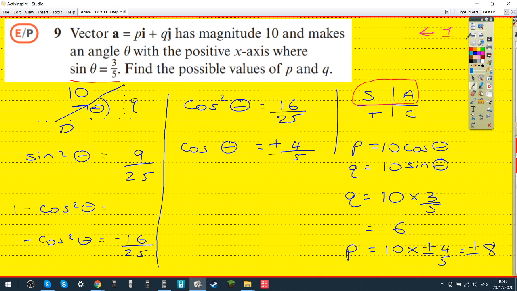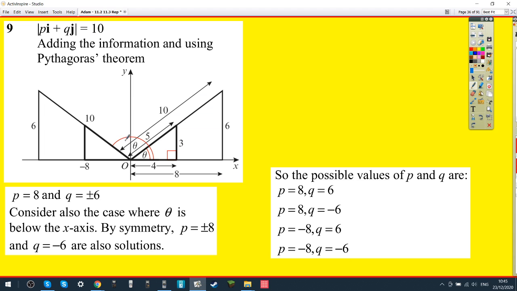I know why. It's because you have to do this whole sine theta equals sine of 180 minus theta. And so that one could also have been plus or minus. Alright, so they're both plus or minus.